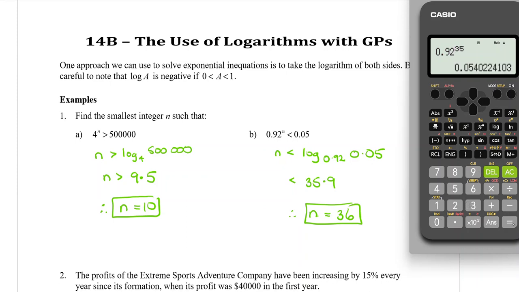It's actually bigger than 0.05, because when it's a decimal number, the power gets smaller. But if I go to 36, then it's smaller. It's tricky because of the decimals.